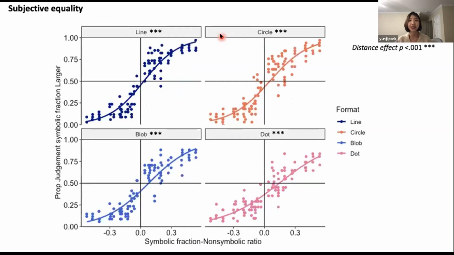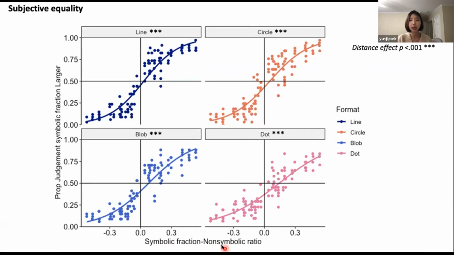Similar to what I explained earlier in experiment 1, here the y-axis shows the probability that people judge the fraction is larger, and the x-axis shows the distance between symbolic and non-symbolic ratio. You can see similar S-curve graphs as experiment 1, which shows they were able to compare symbolic and non-symbolic ratio by accessing abstract magnitudes.